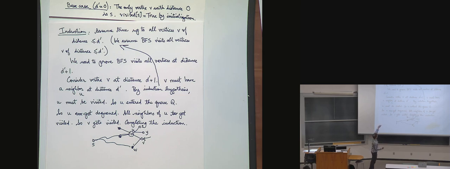That's what I'm saying. The question he asked was, am I not just saying that the predecessor of V is U? And I said no, because maybe V was visited before U exited the queue. And at the same time, U was already visited, yes.